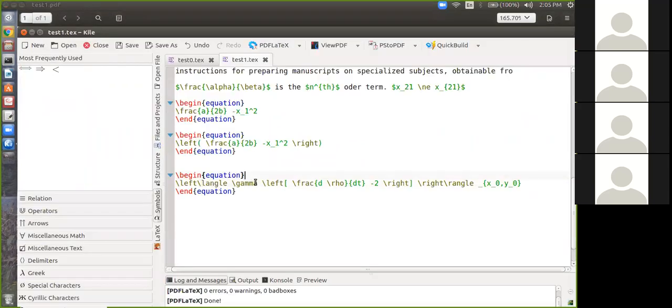Just put before this line, this is your actual equation line, just before, slash nonumber. Okay, no number. Let me check.